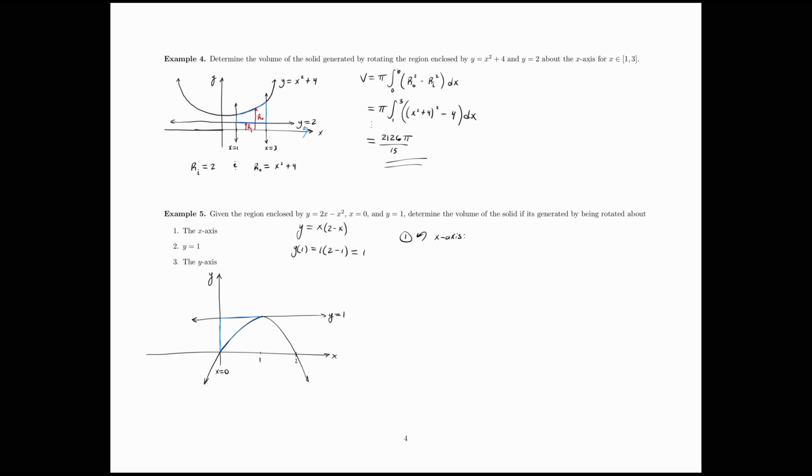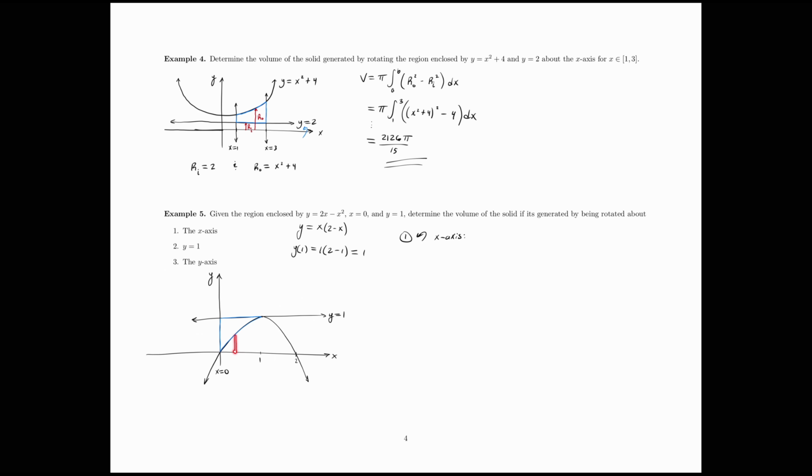That's our radius. So we can think about drawing a line upward from our axis of rotation to measure our inner and outer radii. You can see that there is this gap below the blue. So this gap is what's going to cause the washer. So this is a washer.